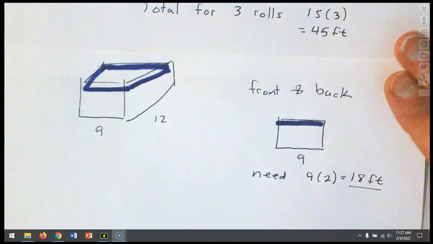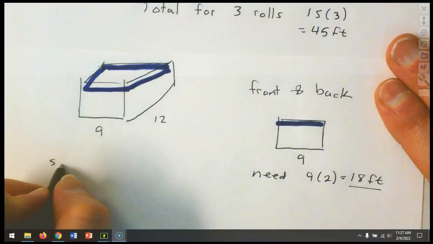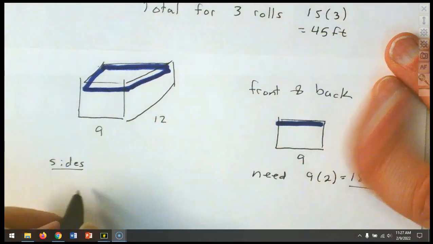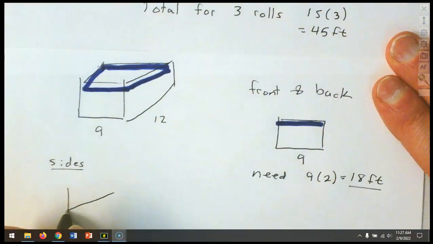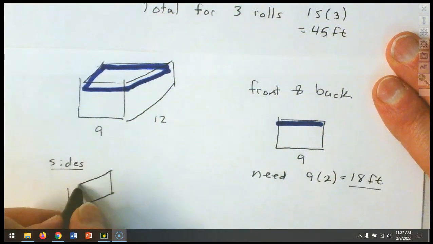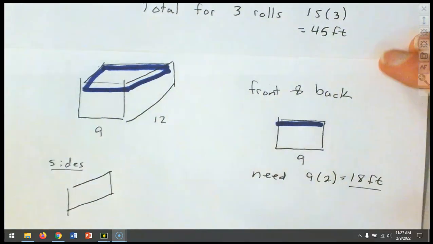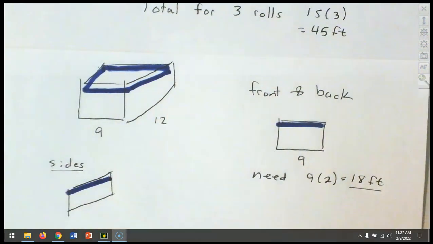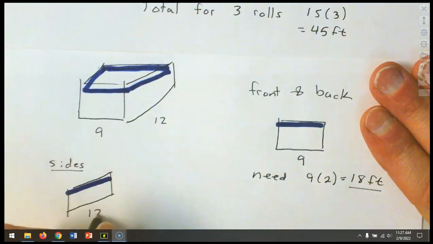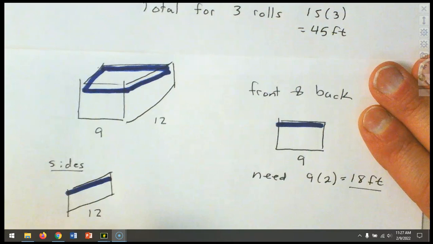Now we're going to do the sides. And for the sides, we do the same thing. And we'll shade that so you can see this is 12 feet here. And we have 2 of those, so we need 12 times 2, which is then 24 feet. Okay?